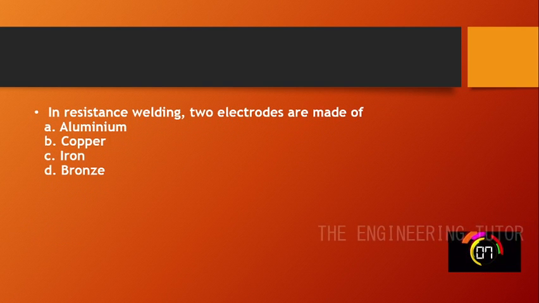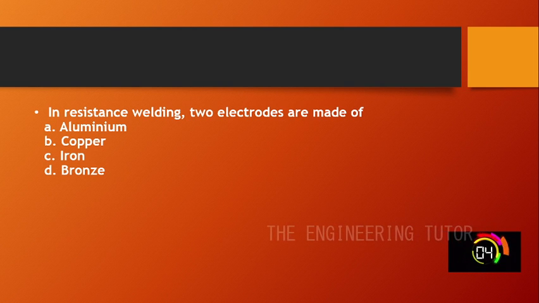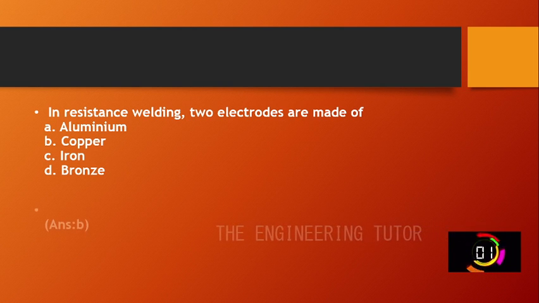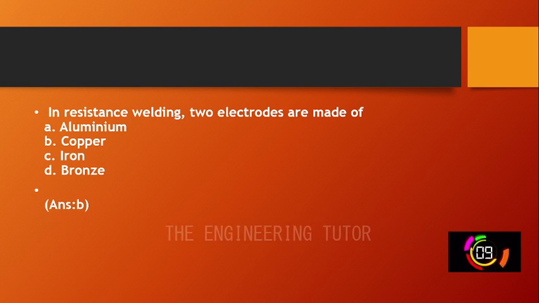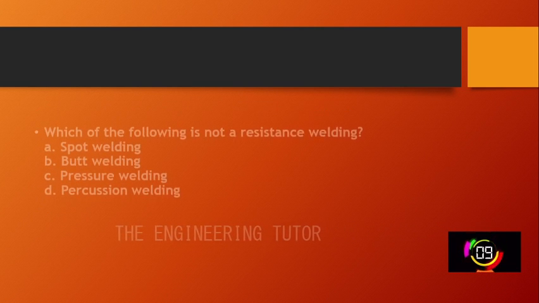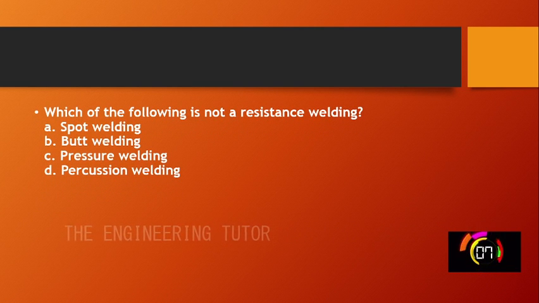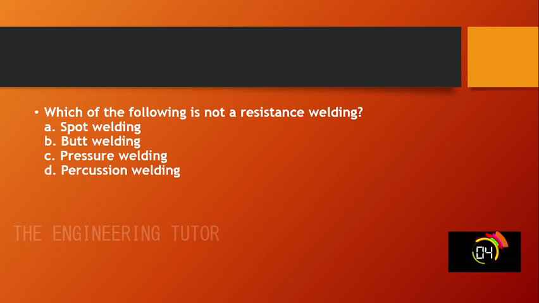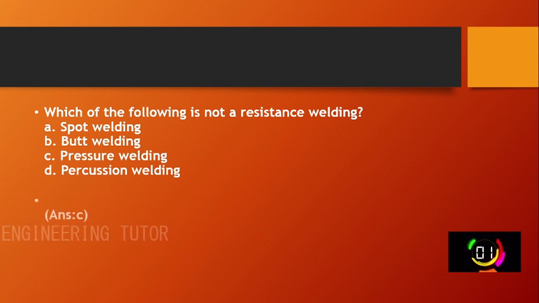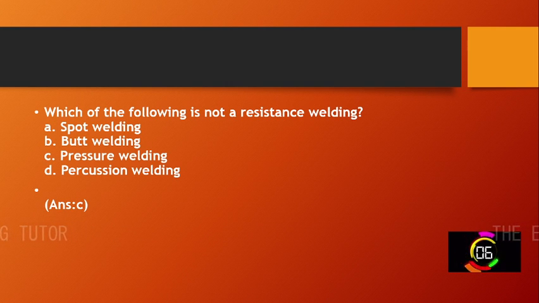In resistance welding, the electrodes are made up of copper. Each of the following is not a resistance welding: spot, butt, pressure, and percussion welding. Actually, the answer is pressure welding. Even though we are applying pressure in resistance welding, pressure welding is not a category of resistance welding.